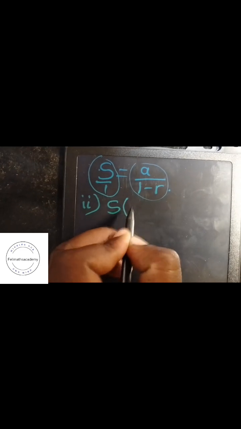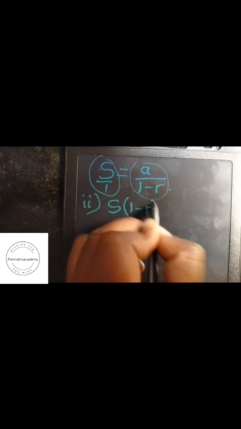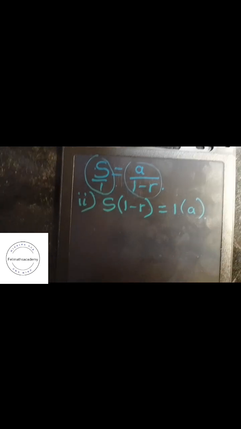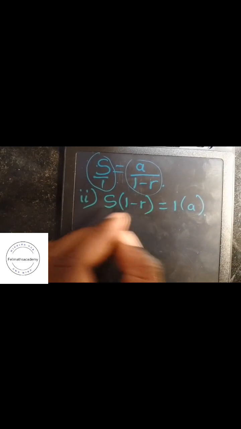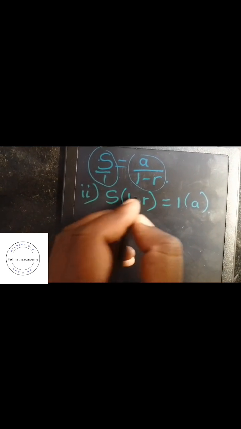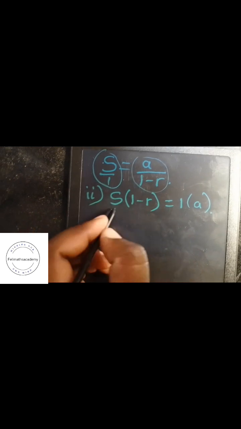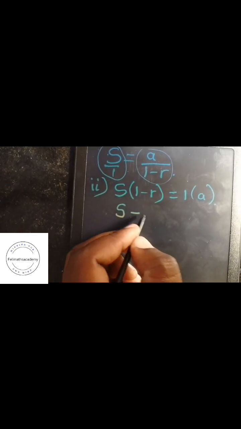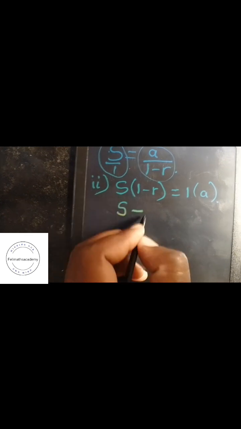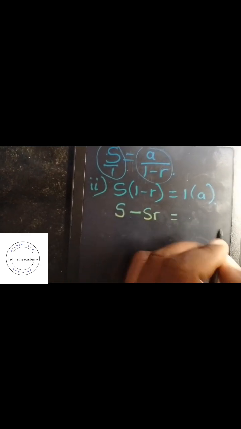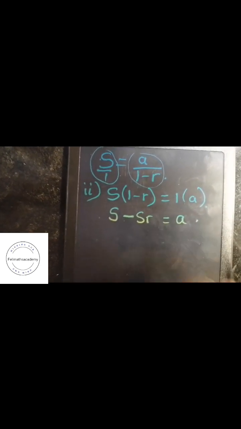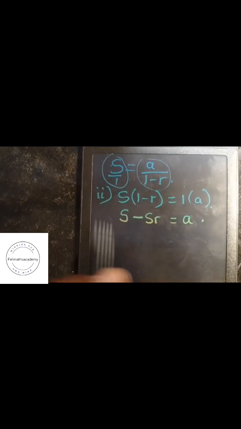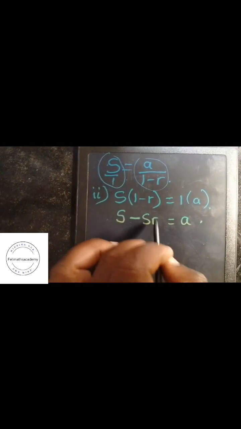So we remain with S multiplied by 1 minus R is equal to 1 multiplied by A. Then we multiply everything in this bracket by S. So it's S minus S times negative R, it's minus SR, is equal to 1 times A, it's A. Then remember, we want to make R the subject of formula.